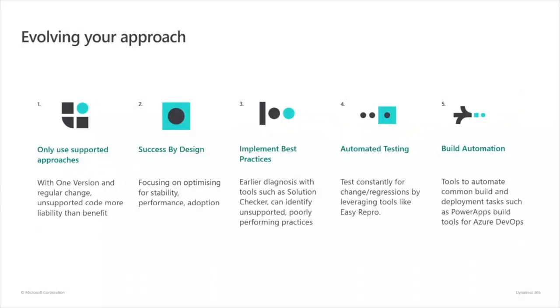This is not just a best practice or a good thing to do; this is actually now mandatory. You should be mandated to only use supported approaches, because if you're using any unsupported techniques on the platform today, you are at risk: with any weekly deployment, some of those things might break and your unsupported code might stop working. So it's not an option anymore. It's a mandate. Use only the supported techniques.